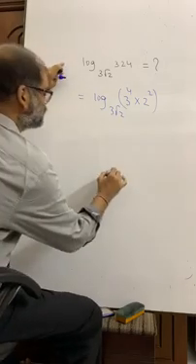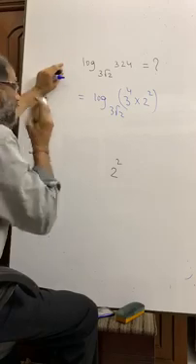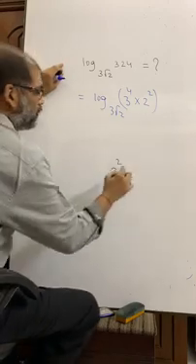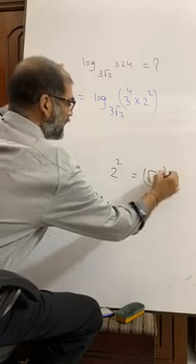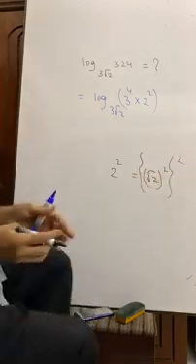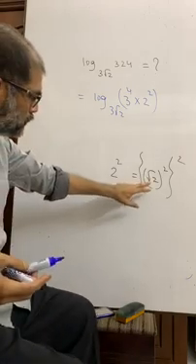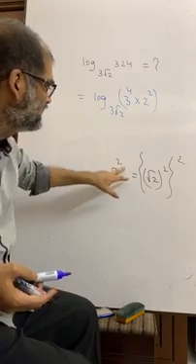Now, as I told you, 2 square equals to what? We can write here root 2 whole square. Can I write it? You see, root 2 whole square equals to 2, and this is a square.